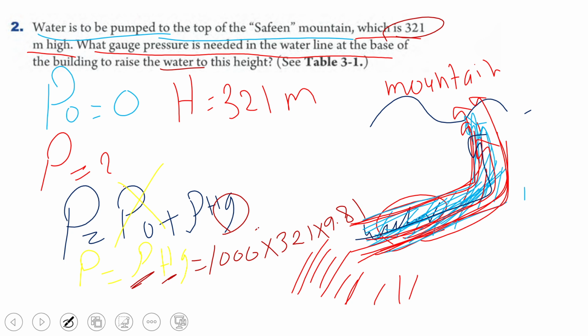The last answer I'm going to write here, the pressure, is 3.15 times 10 to the power 6, I think, but it is better to do it on the calculator myself. 1000 times 321 times 9.81.